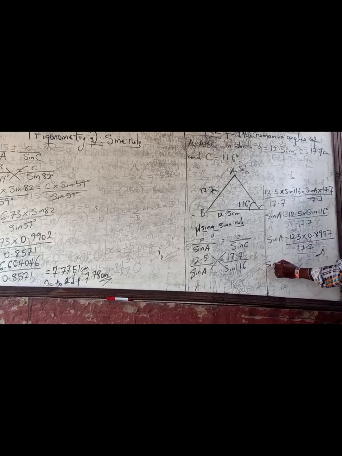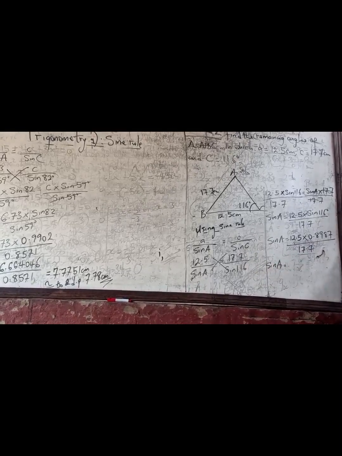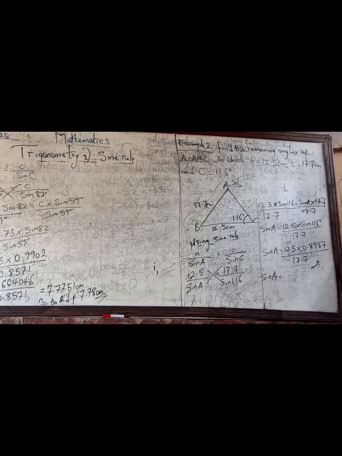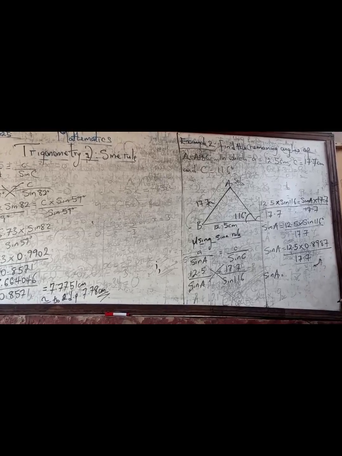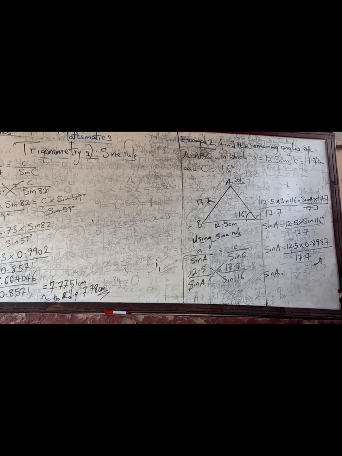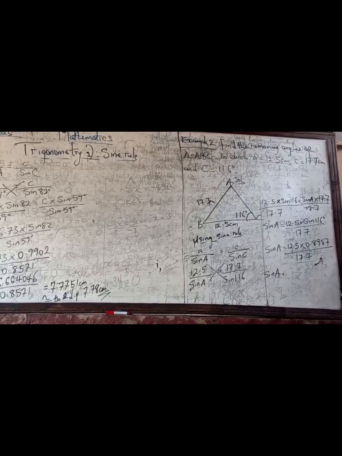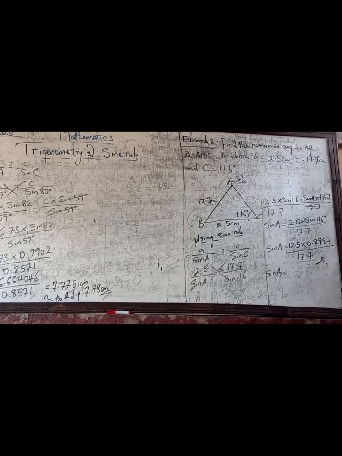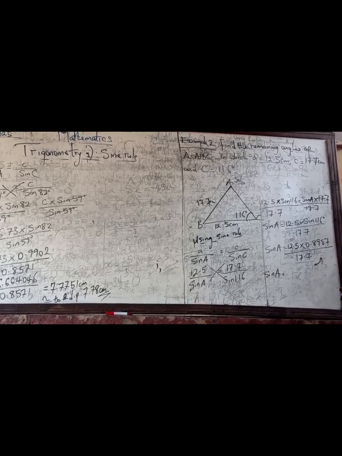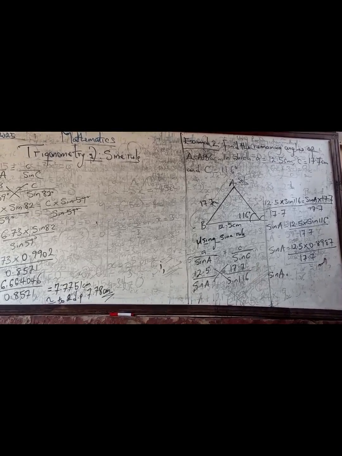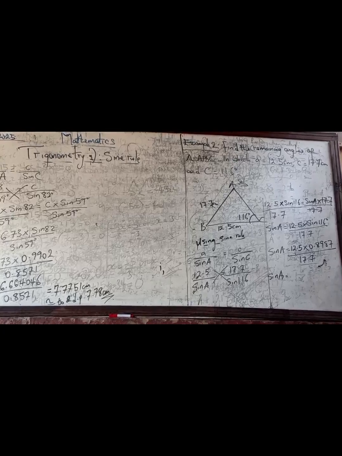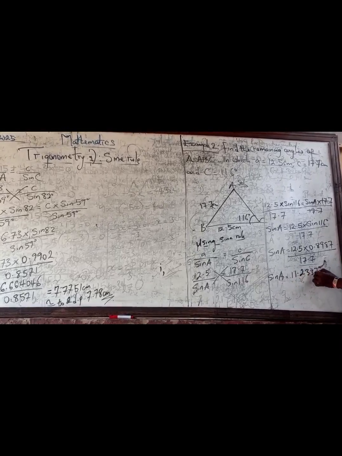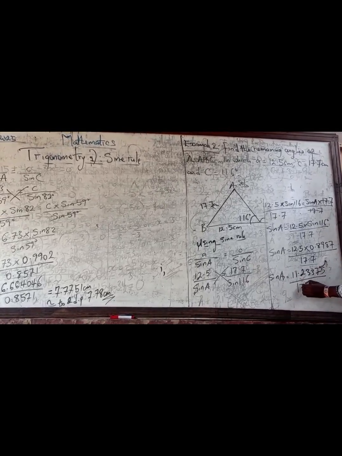So let's punch this and see what we have. 12.5 times 0.8987 gives us 11.23375 over 17.7.